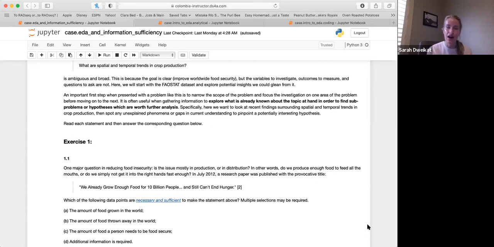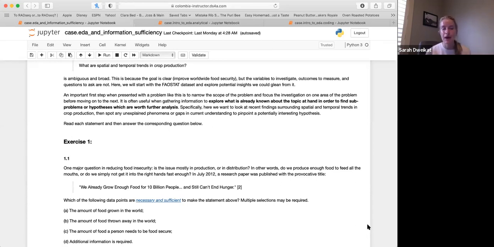So to say that oxygen is necessary for human life is a necessary statement, but not sufficient. Something that would be sufficient: to get cookies, cookie dough and a heat source are sufficient, right? If you have cookie dough and a heat source, you're going to have cookies.